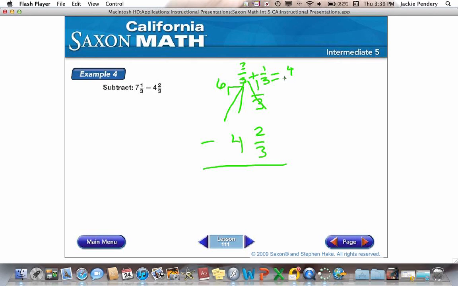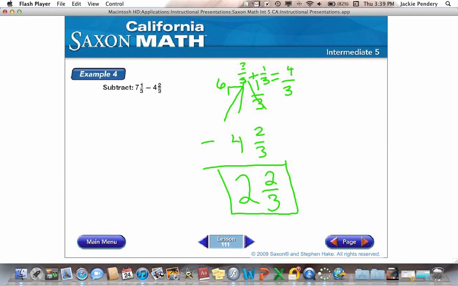So that becomes 4/3. Now I can do 4/3 minus 2/3 equals 2/3. 6 minus 4 equals 2. And 2 2/3 is my answer.